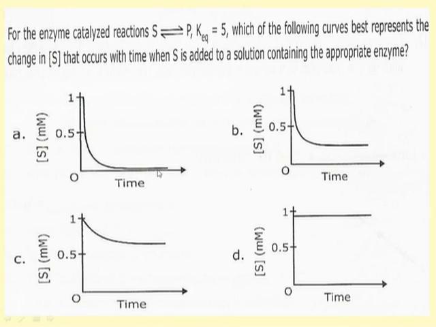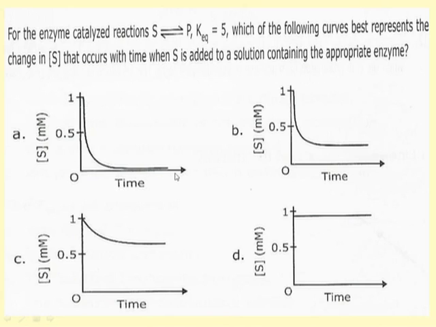If you recall, what I had already mentioned is that upon addition of the appropriate enzyme, the reaction attains equilibrium faster. In other words, this reaction is going to attain equilibrium at a certain time, and once the reaction attains equilibrium, there is no net change in the substrate concentration.